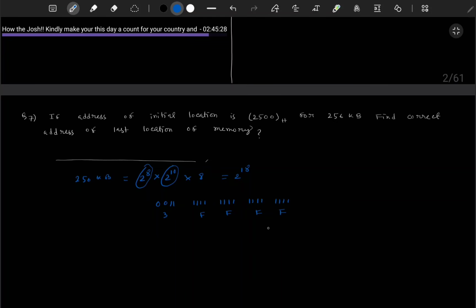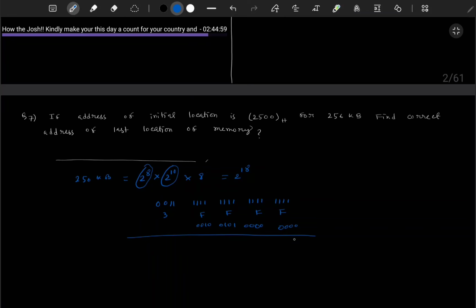And now we are going to add with this. Okay, 0 0 0 0 0 0 0 0. Then it is 0 1 0 1. Then it is 0 0 1 0.